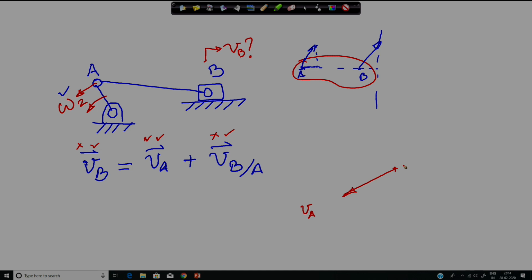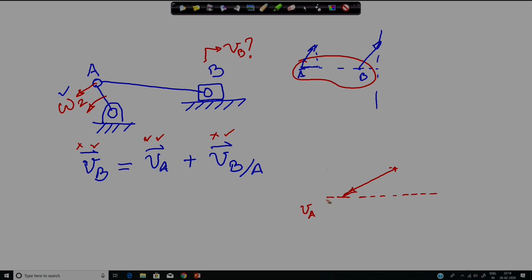Now, velocity of B relative to A, I know the direction, but I do not know the magnitude, and I must add that to this velocity of A vector.